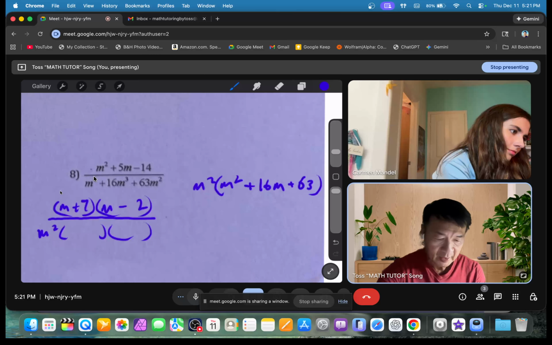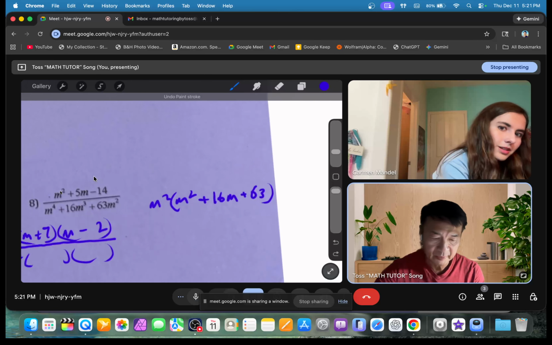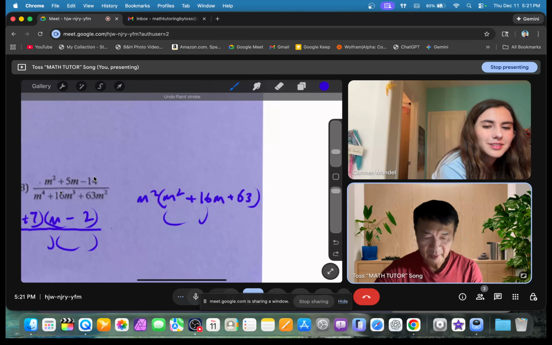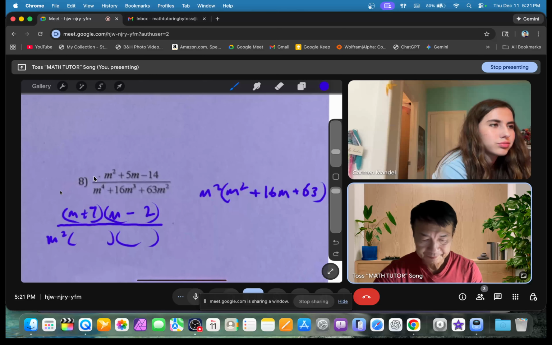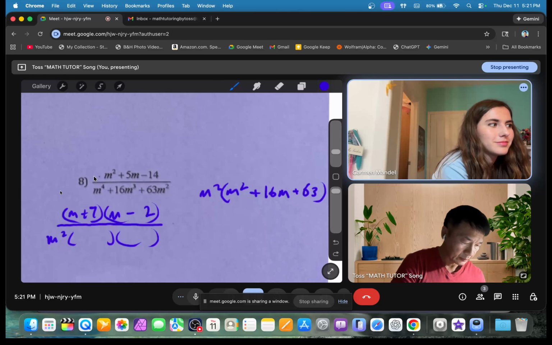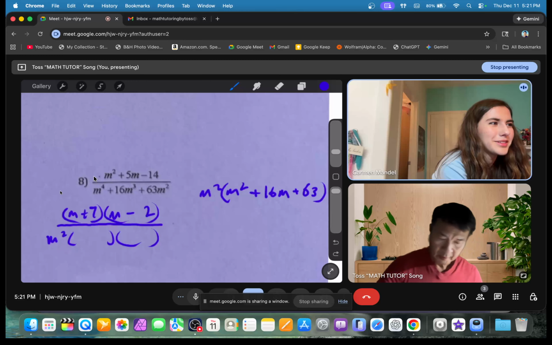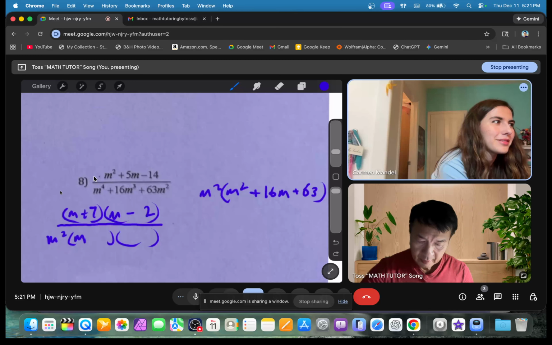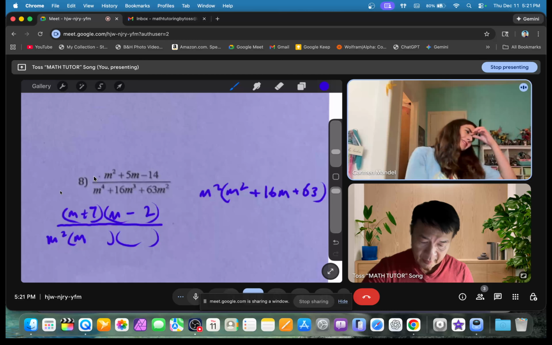Okay, what about continuing on here? Well, this can be factorable into two factors. I don't know about this one. My 9 tables, okay.